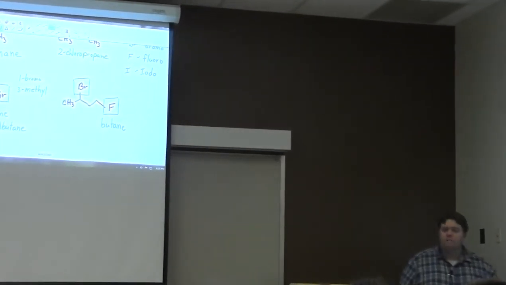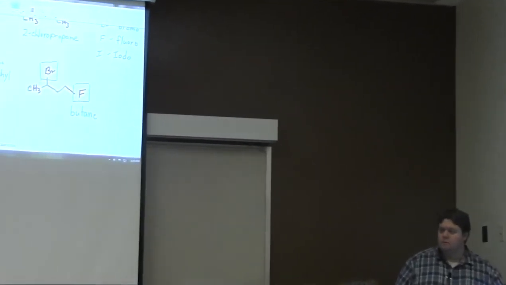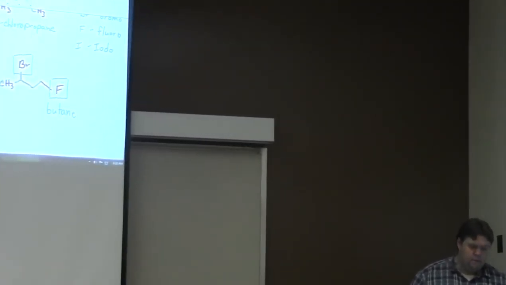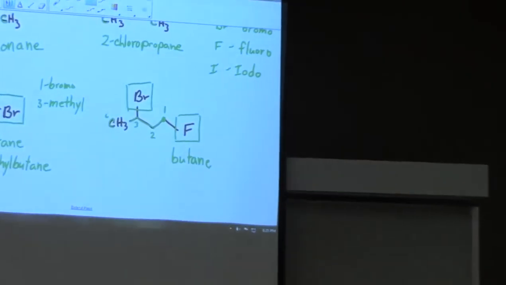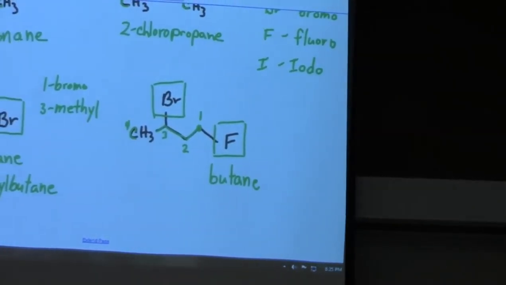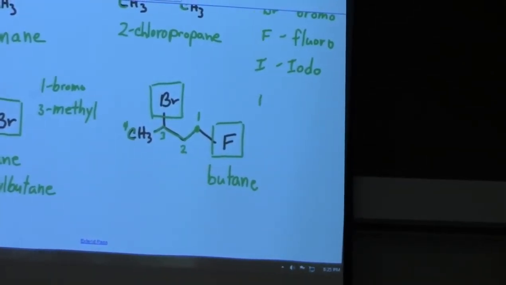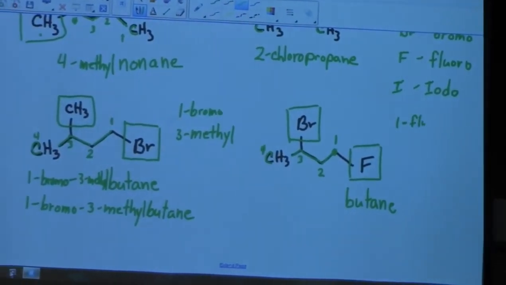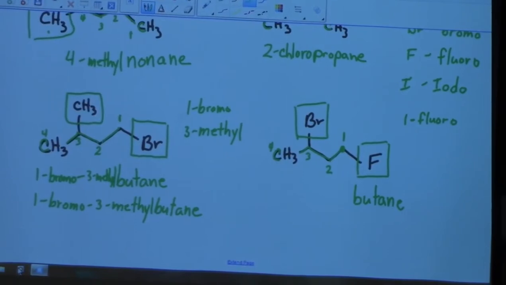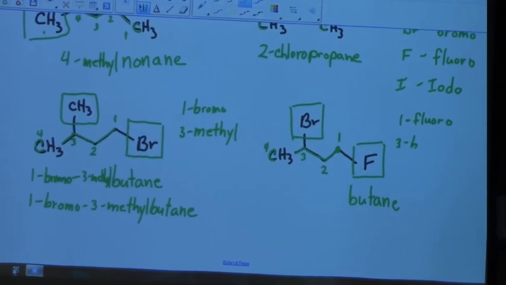Where do I count from? Right to left or left to right? Wherever the first substituent occurs, which is on this carbon right here. So that's going to be 1, followed by 2, 3, and 4. So I have a 1-fluoro, and I have a 3-bromo.